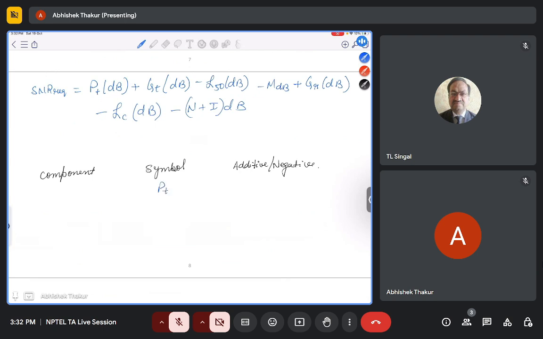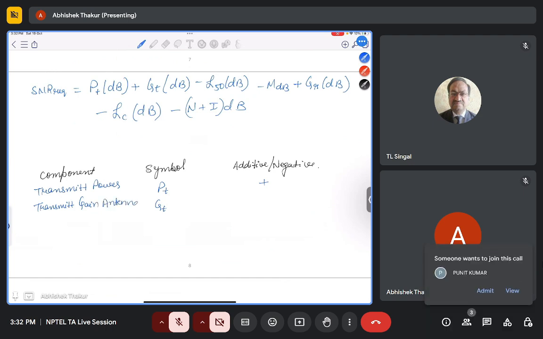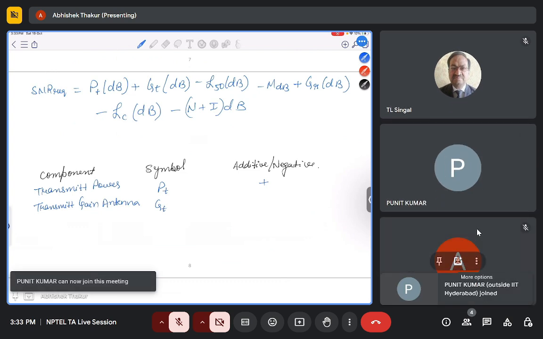The first symbol PT is the transmit power. This is an addition of power in the SNR. The second is GT, that is the transmit antenna gain. This is also adding to the SNR.